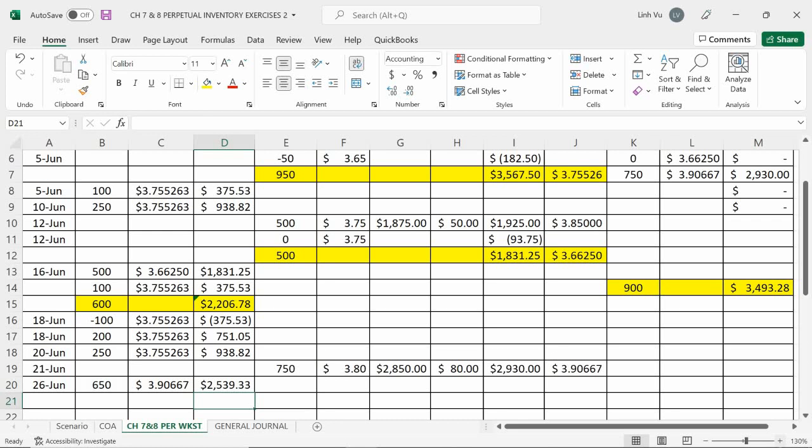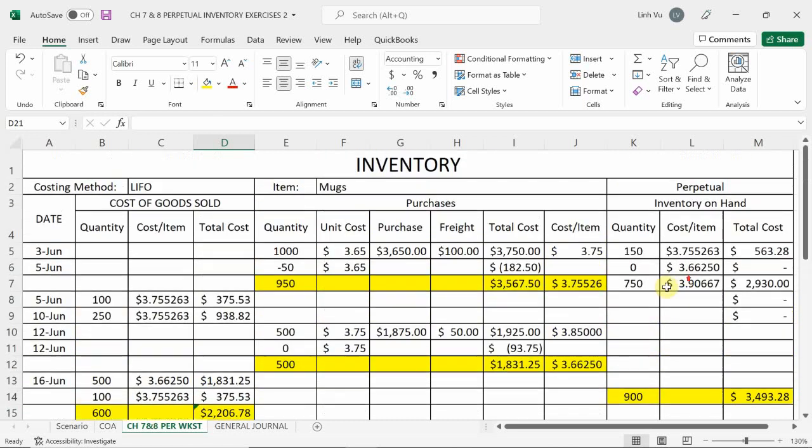Okay. So I need to subtract 650 from this amount right here, right? So that should leave me with 100 units left, which should give you a remainder of $390.67, which is correct. All right.